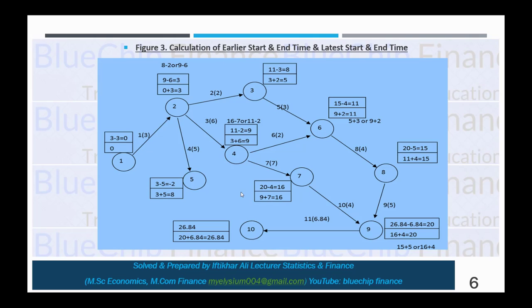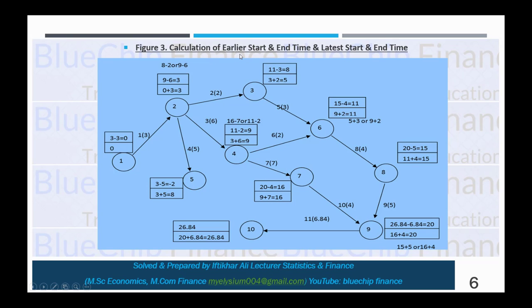After that, in the third diagram, once again we just copy and paste the same diagram, but in this step we will calculate the earlier start time or forward pass, and the end time or backward pass.